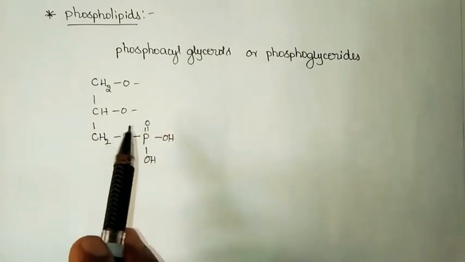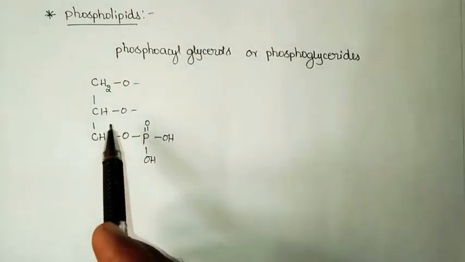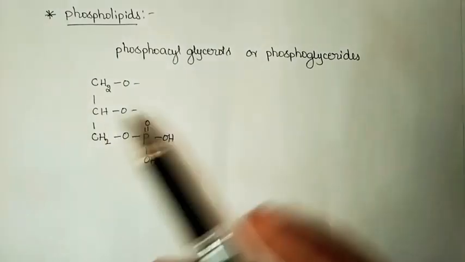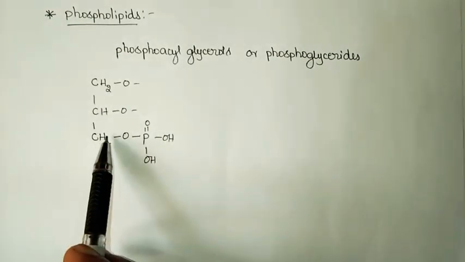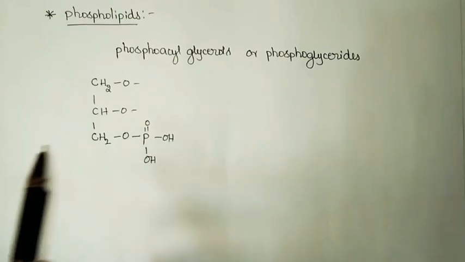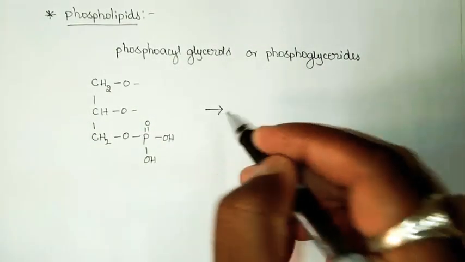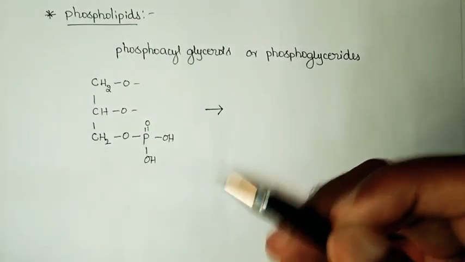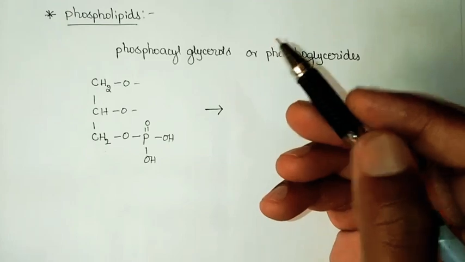We know that polar heads are always hydrophilic in nature and non-polar components are always hydrophobic in nature. And since in a phospholipid molecule we have both hydrophilic as well as hydrophobic components, it will show both attraction towards water molecules as well as repulsion towards water molecules.